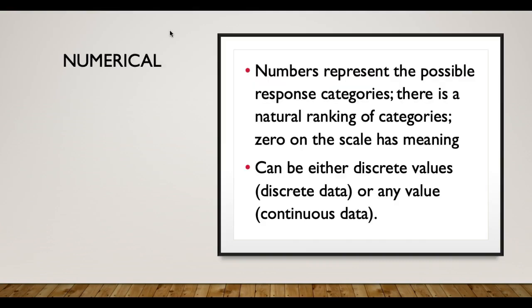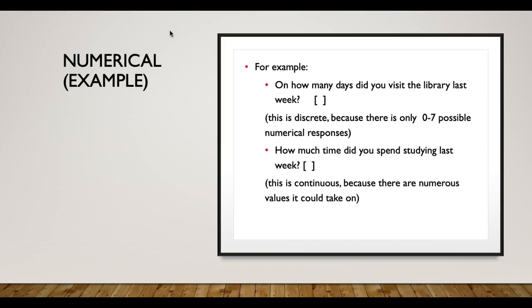So that's categorical data. Then when we're talking about numerical data, it can either be what's called discrete data or continuous, and you've probably heard of this if you have taken statistics classes. The best way that I remember it is discrete data can be counted and continuous is measured. So for example, on how many days did you visit the library last week? That can be counted. There's only 7 days in a week that you can choose from.